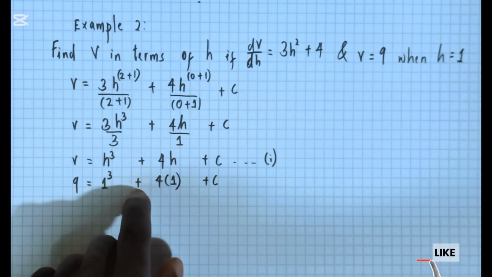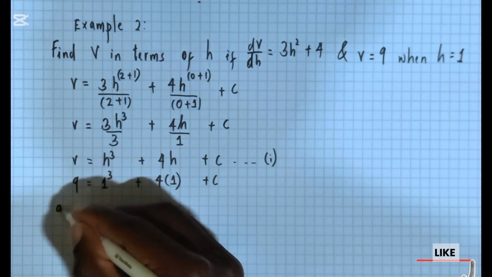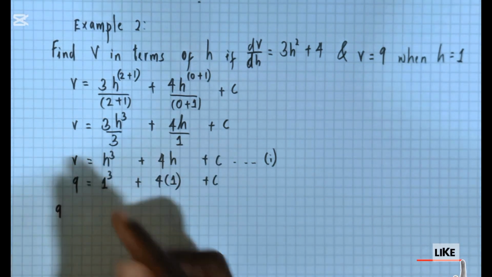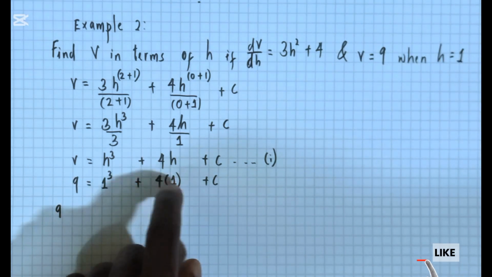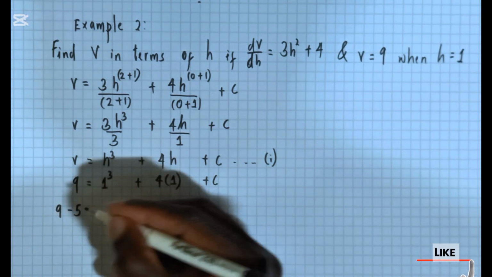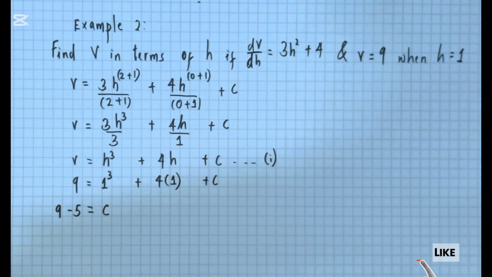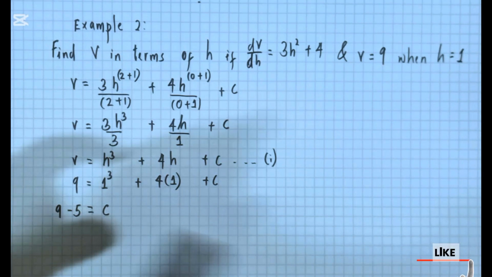So that's going to be 1 plus 4 giving us 5. So basically we're going to have 9 minus 5, since we take the 5 to the left hand side, giving us c. So this here is the value of c.